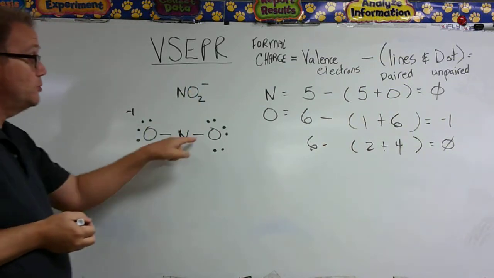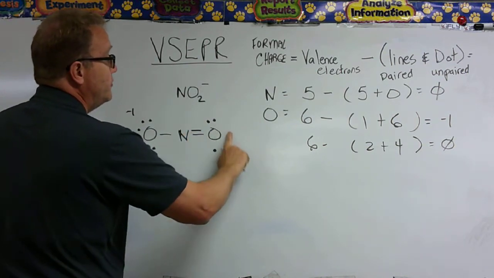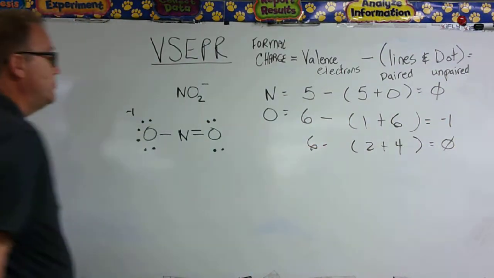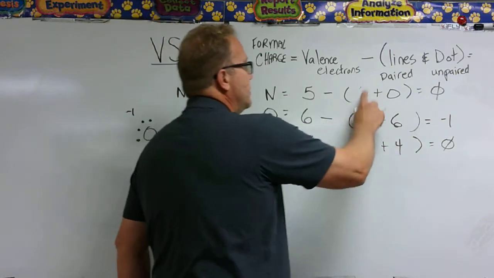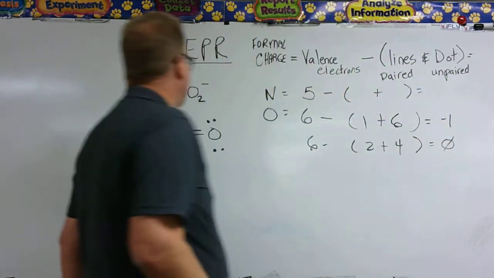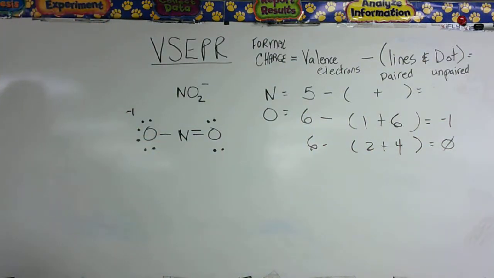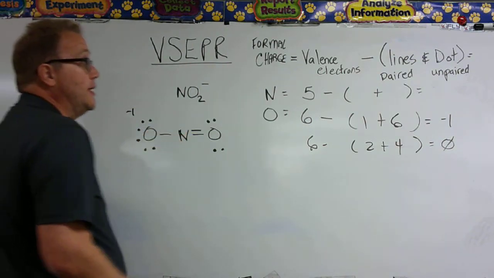How do I make this one equal to 0? I do this, and now it's the bottom one. Again, it's the common procedure for that. Now, what about the nitrogen? You have to remember that this is slightly different, so the structure is going to be slightly different. Right now I have 3 lines.